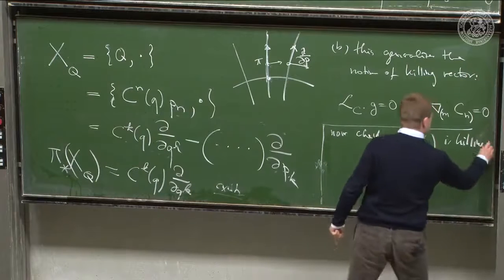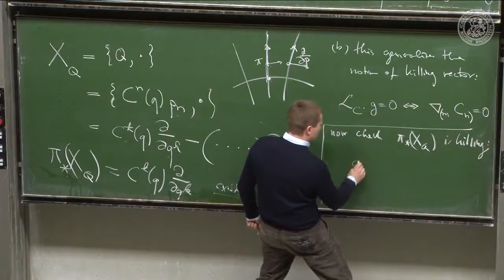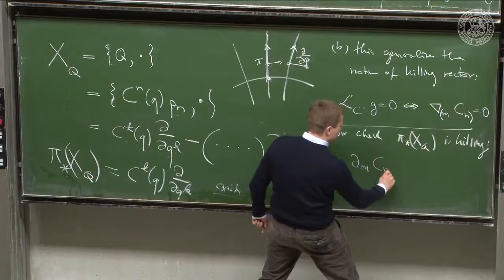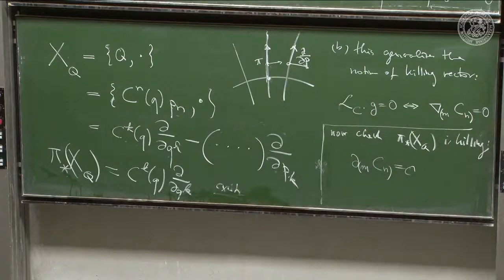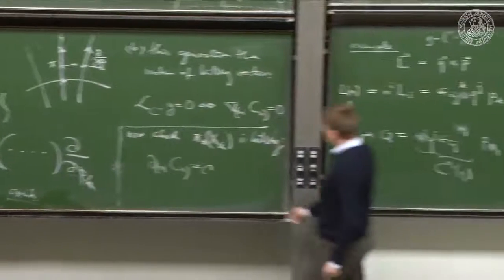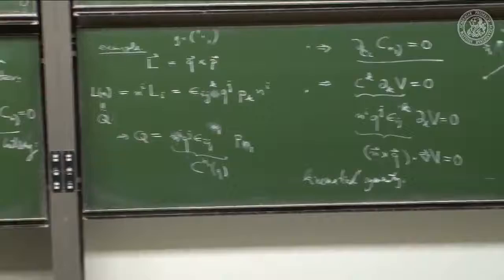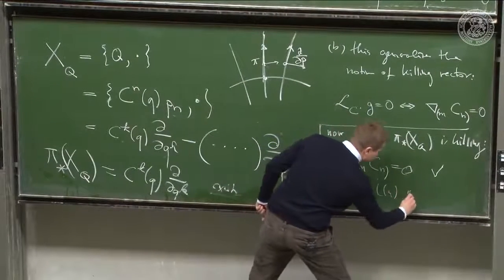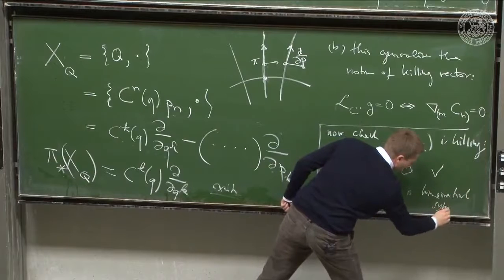Well, how do we do this? We need to calculate this condition here, del m c down n equal to 0. Well, but that we already checked. That's true. So in fact, we push it down, and it is Killing down there. Hence, this Q that is L of n is a kinematical symmetry.